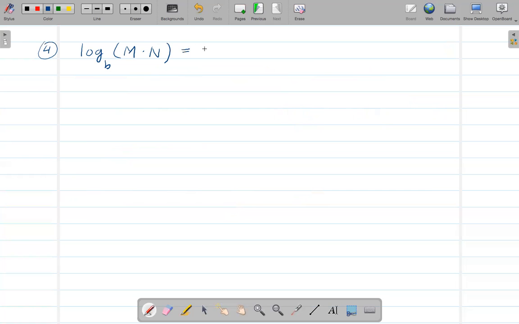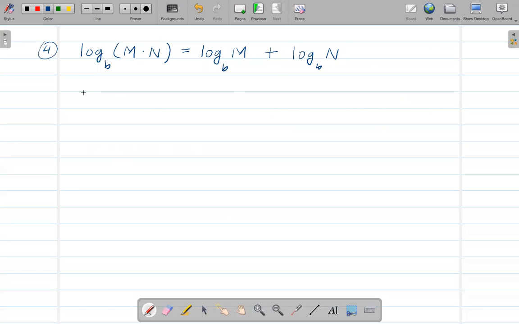In this case, this is also the same as log base b of m plus log base b of n. So a single log with these two multiplying each other, we can divide into two different logs, with a plus sign in the middle, right?